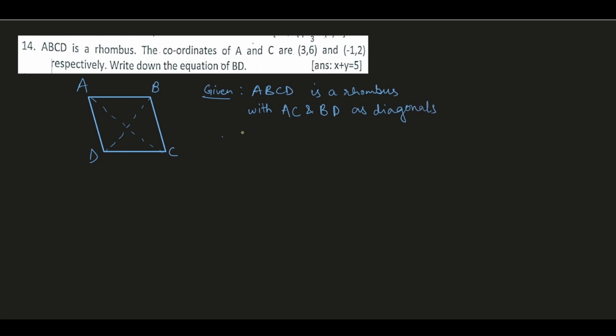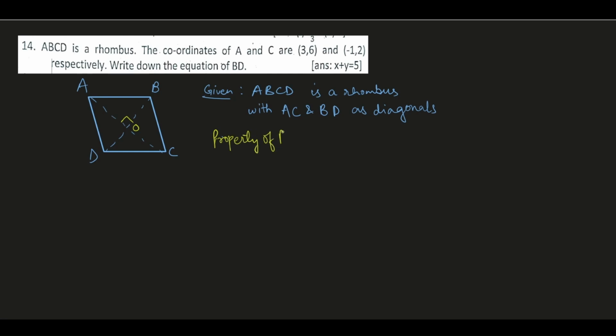Okay. It is a property of rhombus that AC and BD are perpendicular to each other, or better to say, AO is perpendicular to BD. Let me write the property here.